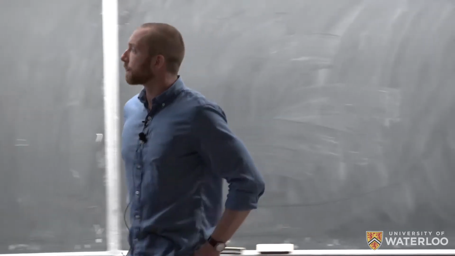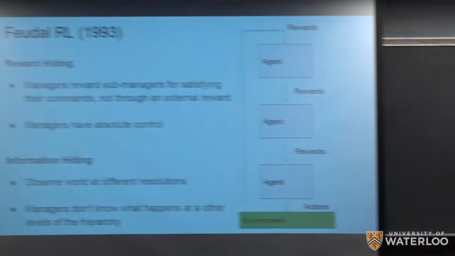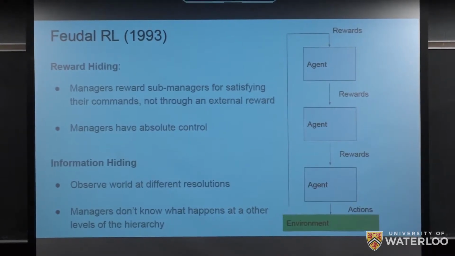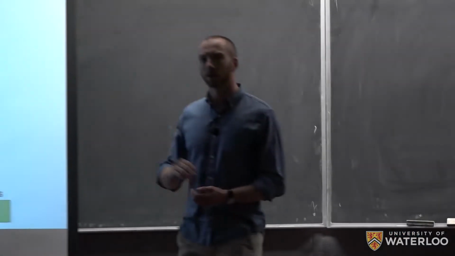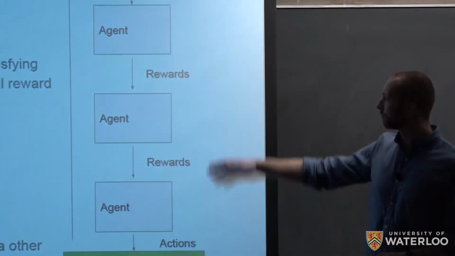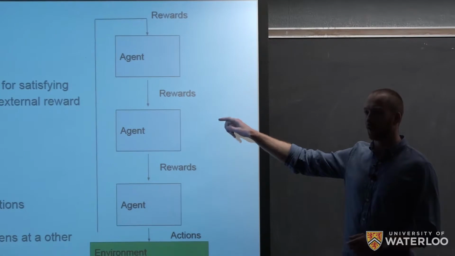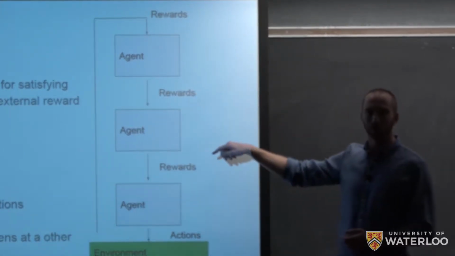So the first thing I'll mention is FeUdal reinforcement learning. This was a paper by Geoffrey Hinton, and I can't remember the other author. But back in 1993, they first suggested this method. It's a hierarchical method where the key aspect is that in the hierarchy you have a layer of agents, and each agent can only interact with an agent right above or right below it.